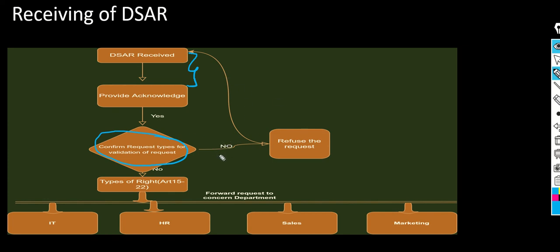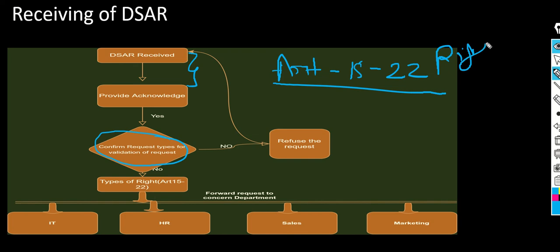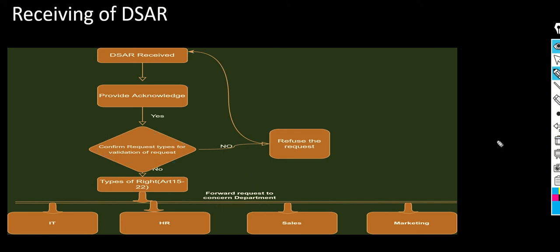If it is valid, then we will see, because Articles 15 to 22 talk about the rights of the individual, which right the user wants to use. Accordingly, we will forward the request to the concerned department, because the data may have been collected by the IT department, HR department, sales department or marketing department.